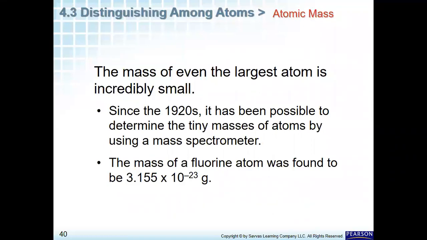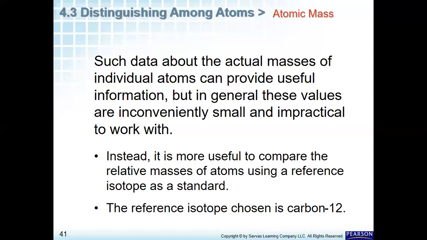The mass of even the largest atom is incredibly small. Since the 1920s, it has been possible to determine the tiny masses of atoms by using a mass spectrometer, and the mass of a fluorine atom was found to be 3.155 times 10 to the power negative 23 grams, and that's too small and impractical to use in life.